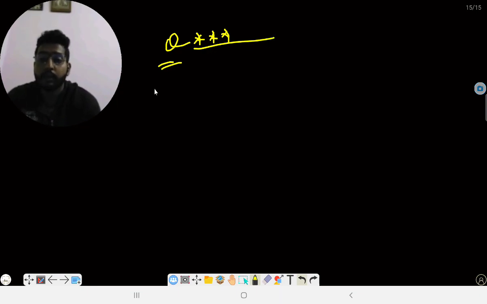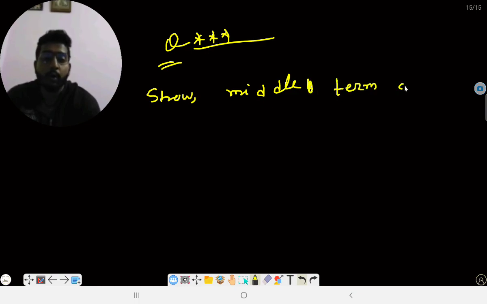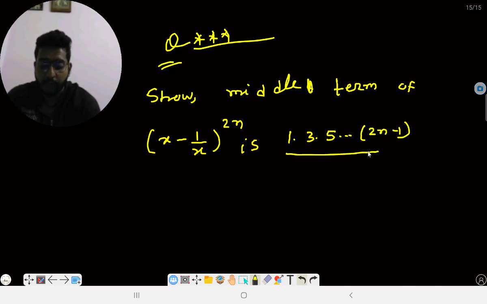The question is like this: show that the middle term of x minus 1 by x whole to the power 2n is 1 into 3 into 5 dot dot dot 2n minus 1 divided by n factorial into minus 2 whole to the power n.